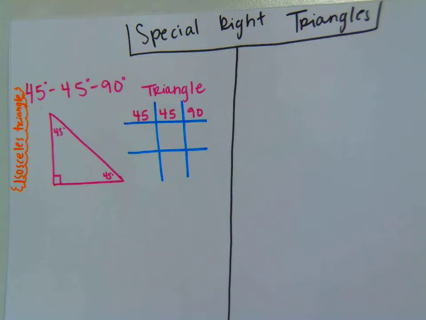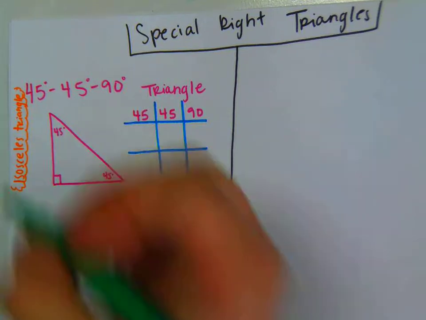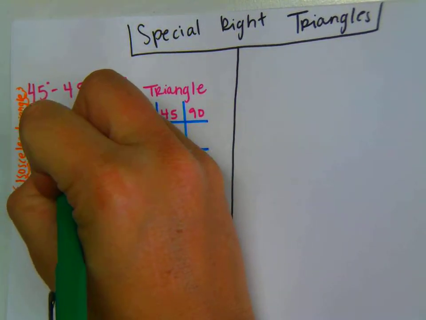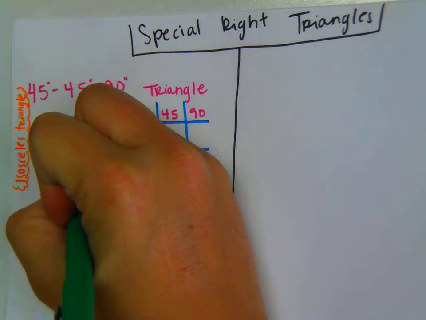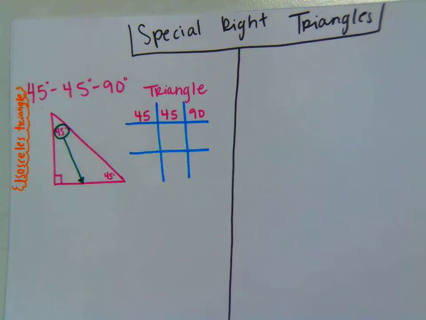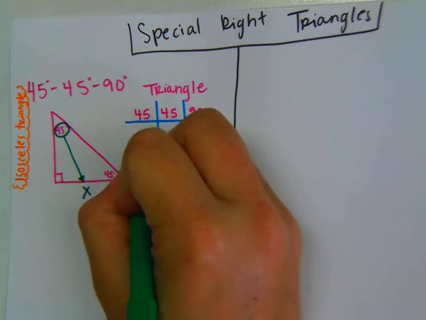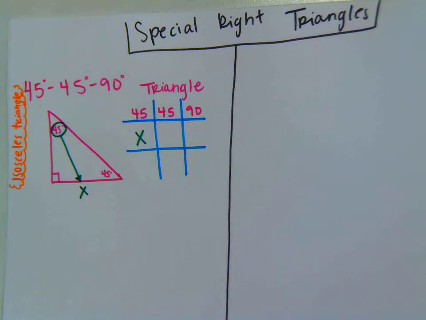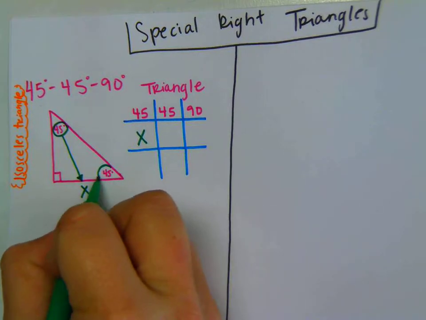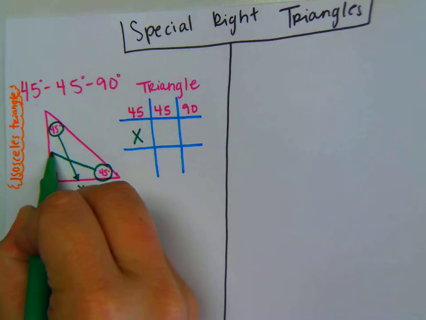And then the second line never changes either. It's what it's across from those degree measures. So this 45-degree angle across from that 45-degree angle is going to be x. So I'm going to put x. Now if this is x, what's across from this 45?